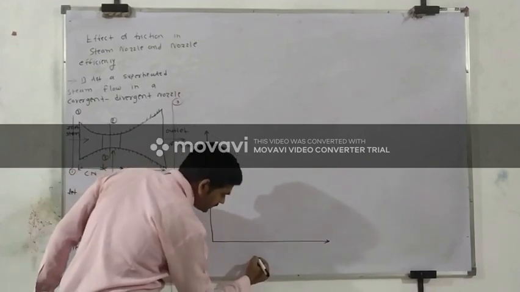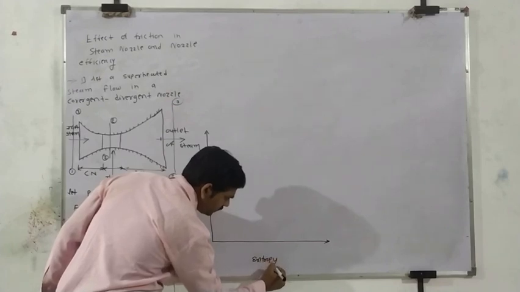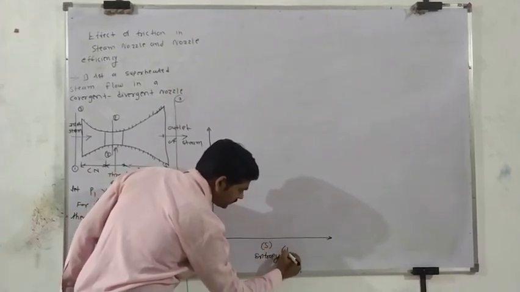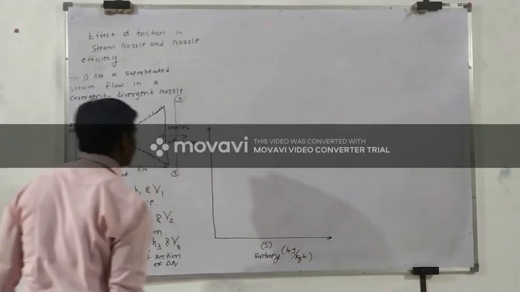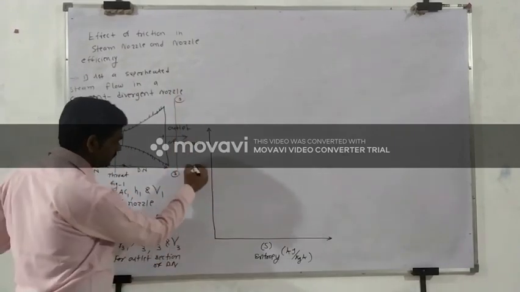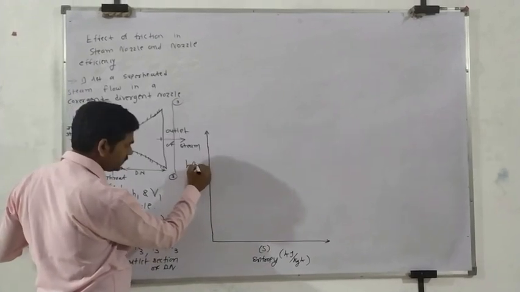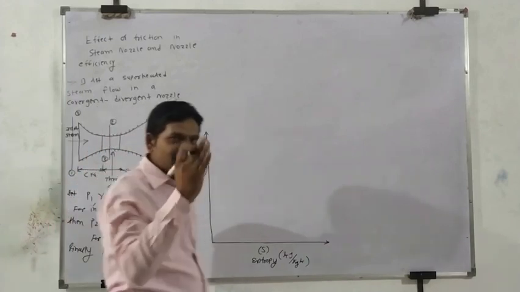Along the x-axis, consider the entropy. Entropy, we know the symbol. What is the symbol? Yes. And what is the unit? Kilojoule per kg Kelvin. Then along the y-axis, we consider the enthalpy H. Okay. And what is the unit? Kilojoule per kg.